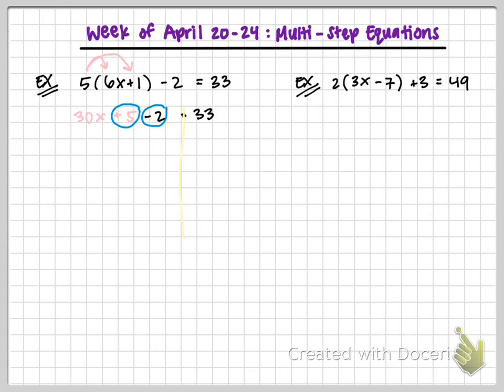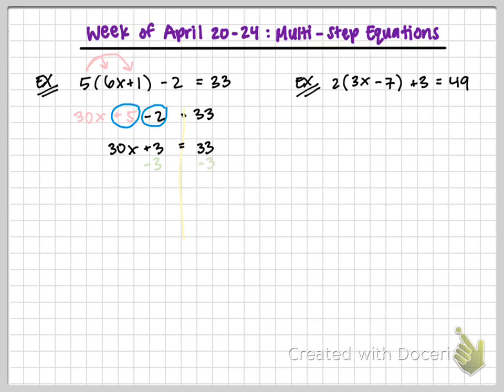So I'm going to drop down that 30x. I'm going to combine 5 and -2. 5 minus 2 gives me 3, equals 33. Again, here is another two-step equation. So let's undo that +3 by subtracting 3, whatever I do to one side, I do to the other.